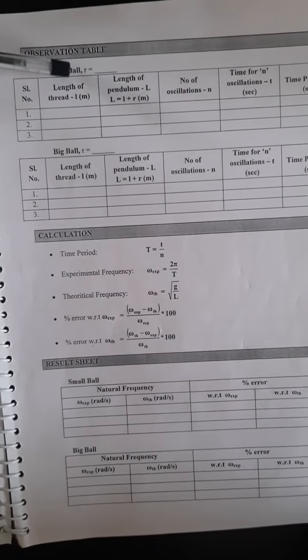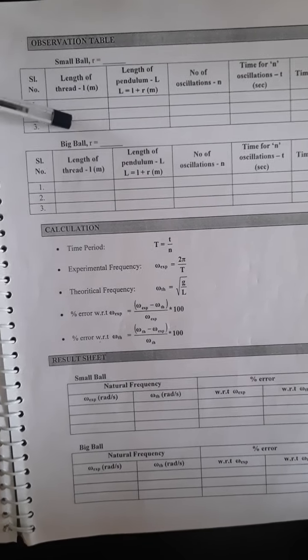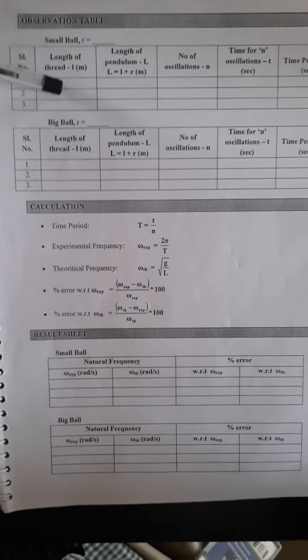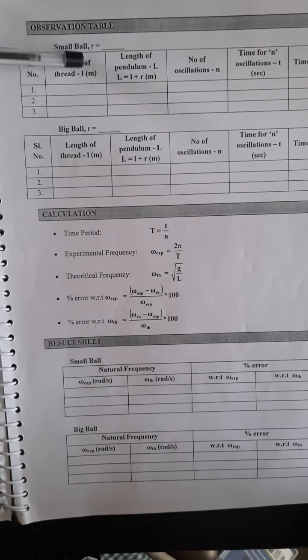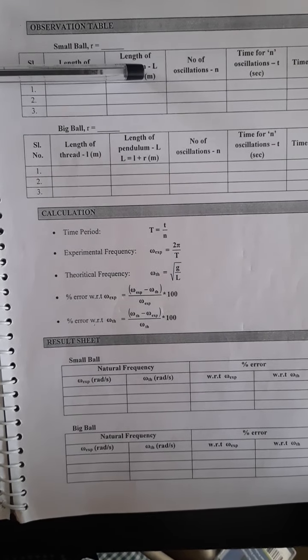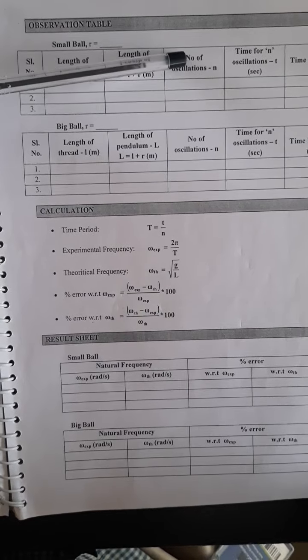So here, length of the thread. For various lengths of the thread we need to take the readings, and the length of the pendulum, that is L, equals length of this thread plus radius of the attached mass, and number of oscillations.